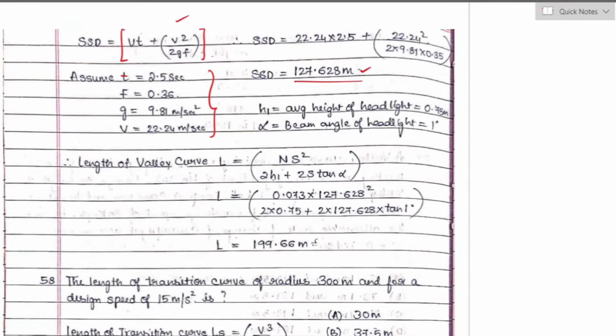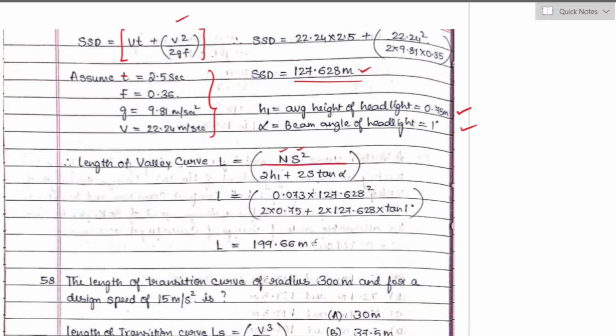So the length of valley curve L is equal to N S square divided by 2 into (h1 plus S tan alpha), where S is the safe stopping sight distance, N is the deviation angle, h1 is the average height of the headlight, that is 0.75 meter. This is the standard value. This is an assumption. And alpha is the beam angle of headlight, that is 1 degree. This is also an assumption.